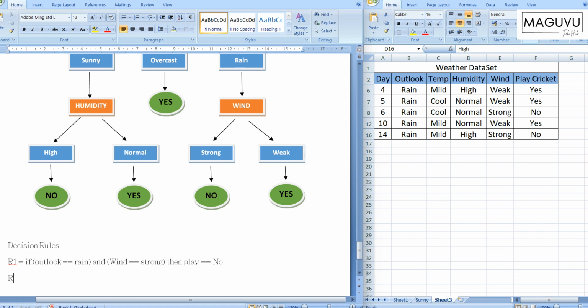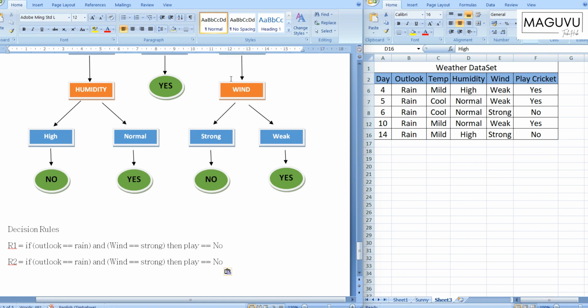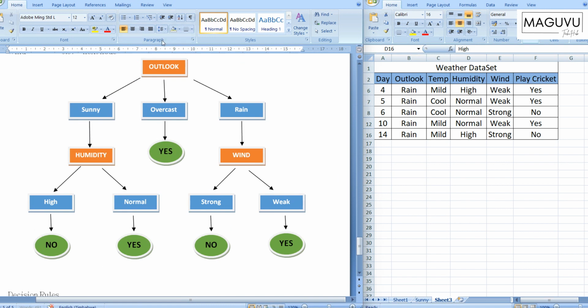We can again do the second rule, which takes the other branch. We take the whole of this, bring it down, and change it: if outlook is rain and wind is weak, then play is yes. So that's how you create decision rules. We could further go on and look at overcast, where if outlook is overcast, then the decision is always play.